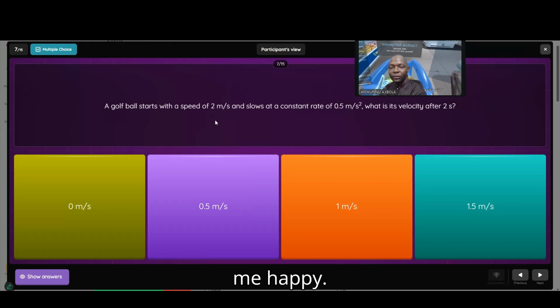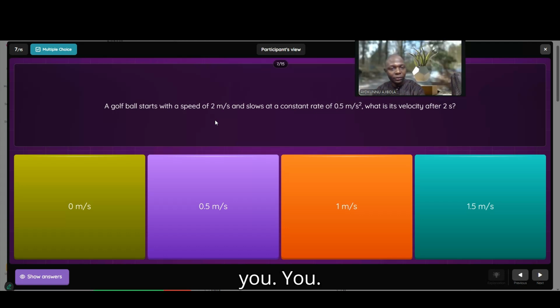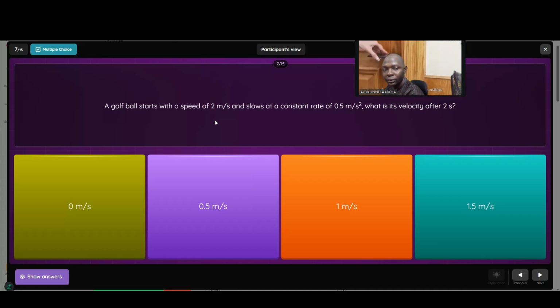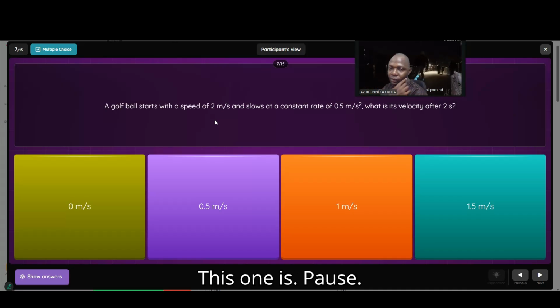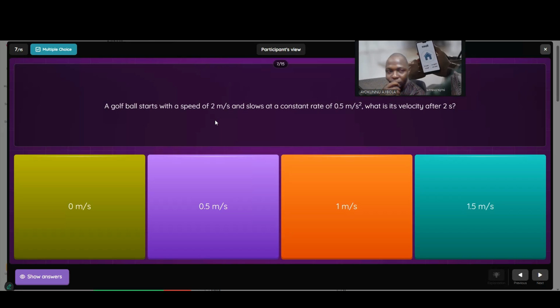U is 2 and a is 0.5. What is the solution?